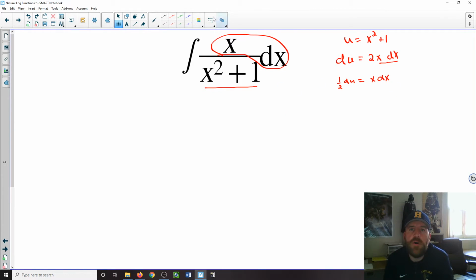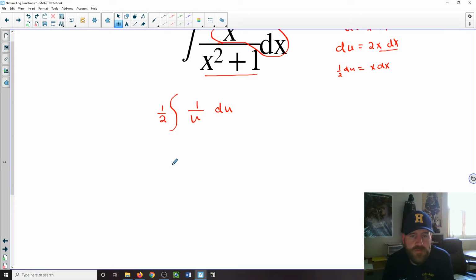Now we can sub out our pieces and plug in what they're equal to. So I get 1 over our u, and then x dx is going to get subbed by 1/2 du. So 1/2 I'm going to take out front. And now we can find the antiderivative. The antiderivative of 1 over u du is ln of u.